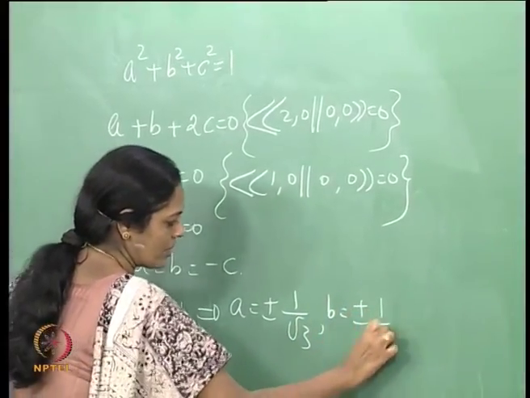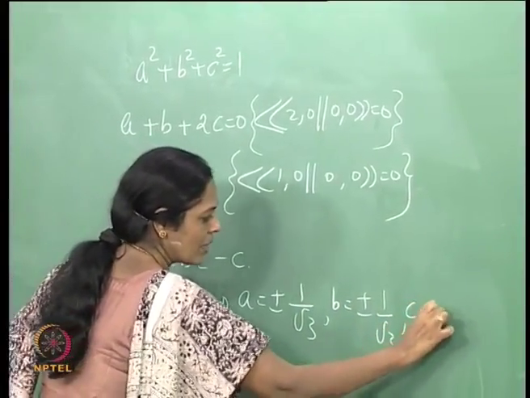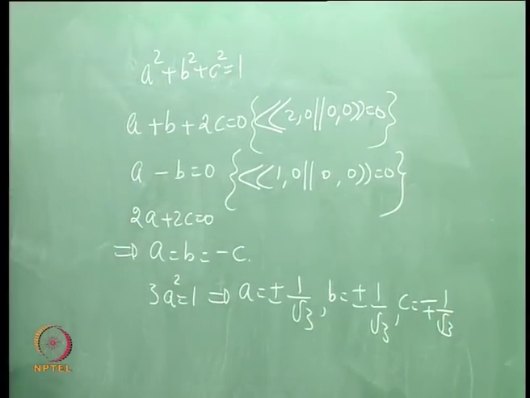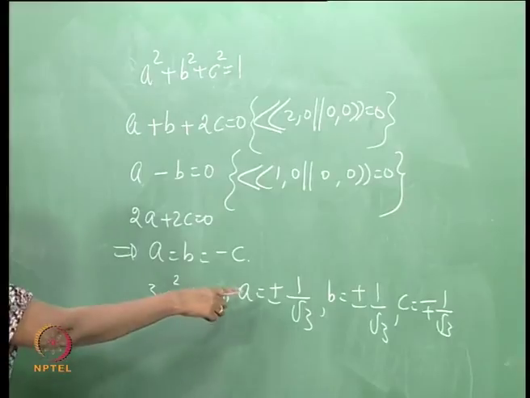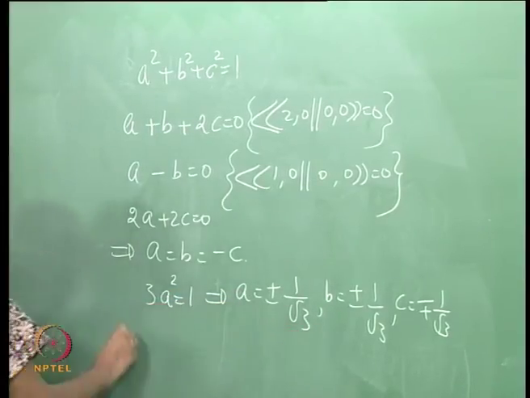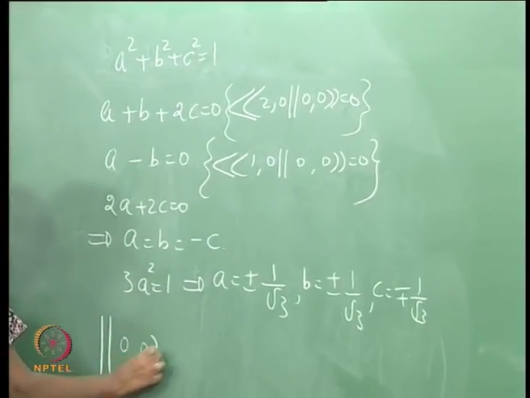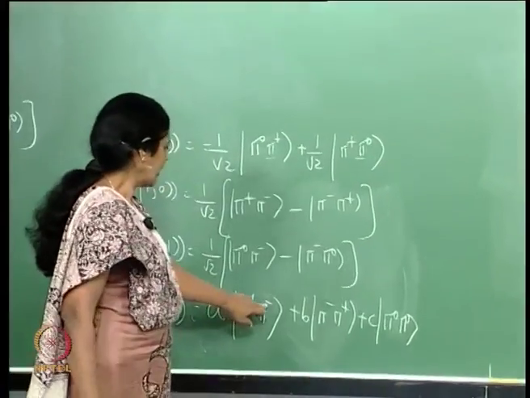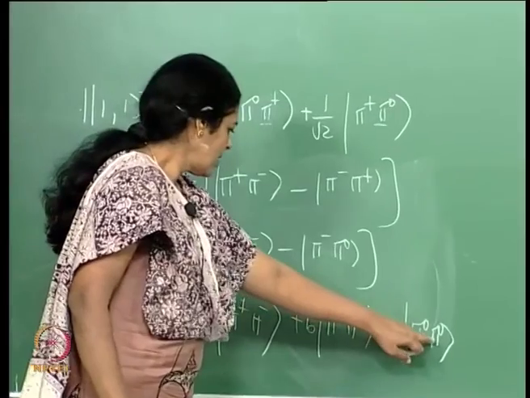Correspondingly, B is plus or minus 1 by root 3 and C is minus or plus 1 by root 3. I could choose any of this, but once more I follow the convention and I write 0 comma 0, the third entry C is pi 0.